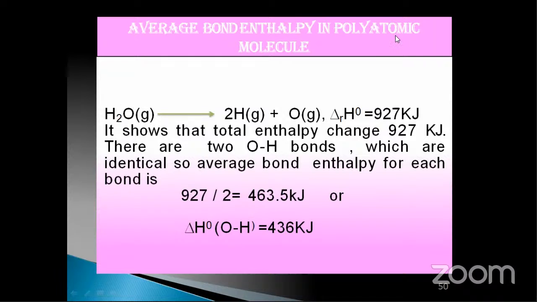But which 2 bonds are present in the water molecule? This is the water molecule: 1 hydrogen, then oxygen in the center, and 1 more hydrogen. This is the structure of the water molecule. Here 2 OH bonds are there. Suppose this is bond number 1, one of the bonds between oxygen and hydrogen, and this is the second bond present between oxygen and hydrogen.